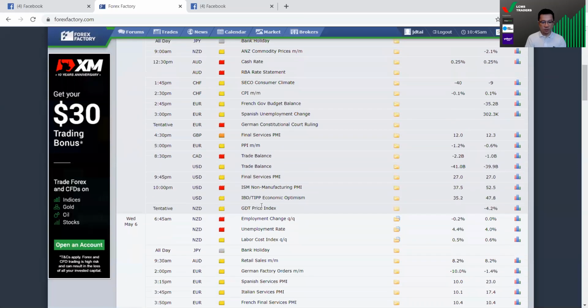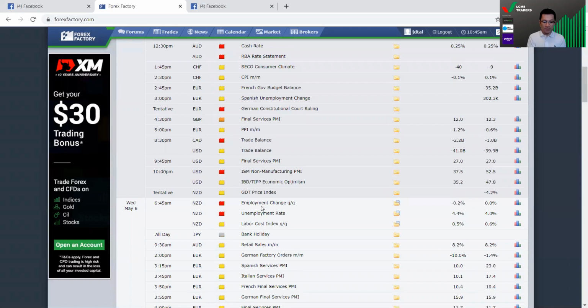Bit of news next. On Wednesday morning at 6:45 a.m., we have New Zealand employment numbers. Based on the previous, we are expected to see a little bit of a worse employment number coming from New Zealand. Employment change previously was 0%, expected to come out at -0.2%. We could see a little bit worse on a quarter-to-quarter number.